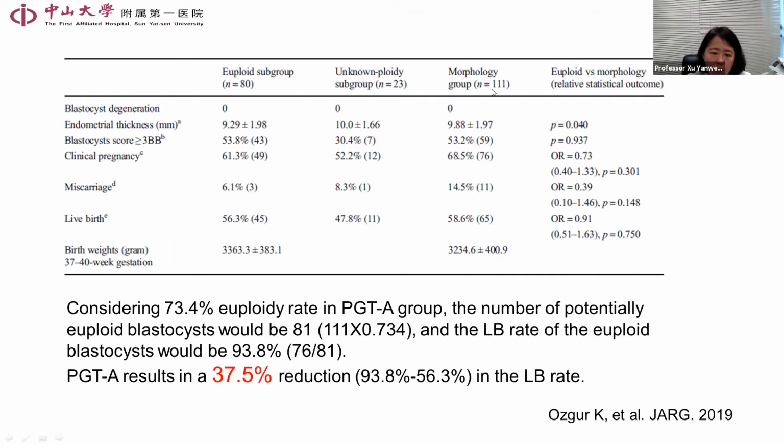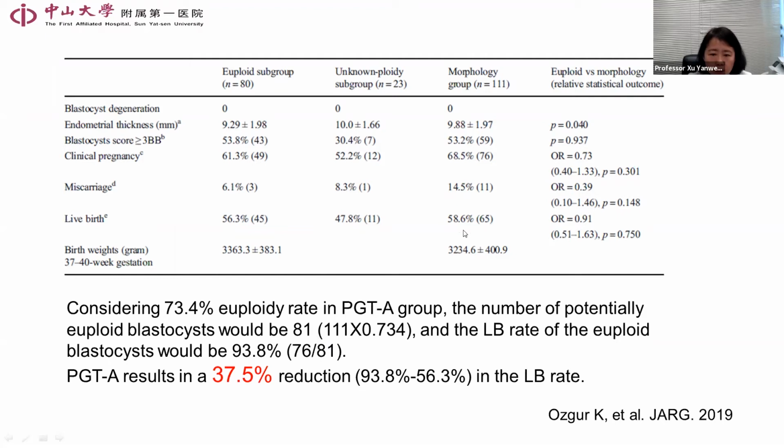It's from the 111 blastocysts transferred in the morphology group, calculated times the 73.4% euploid rate. Then the euploid blastocyst transfer in the morphology group would be 81. And in these 81 blastocysts, the live birth is 65%.